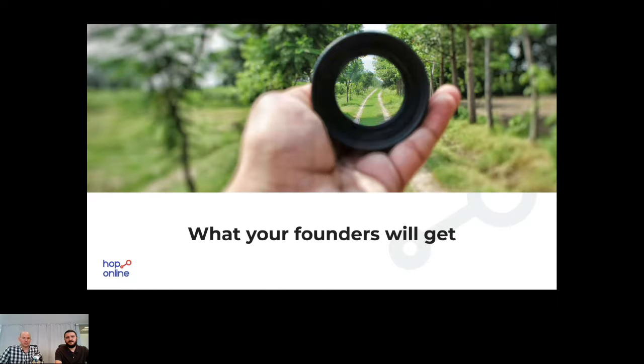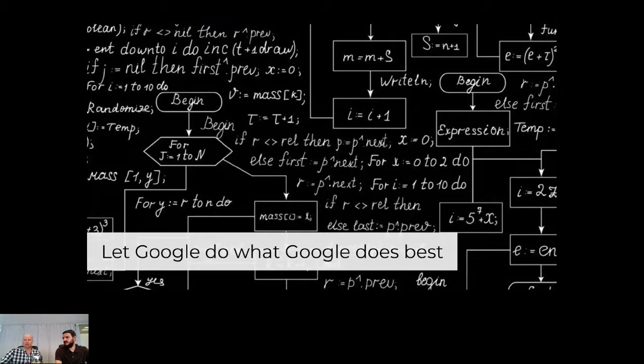So what we're suggesting here is you as marketers really step back a little bit and let Google do what Google does best. And that means really leveraging all the power of AI and machine learning that Google has developed. And I think about Google's AI as a heat-seeking missile.